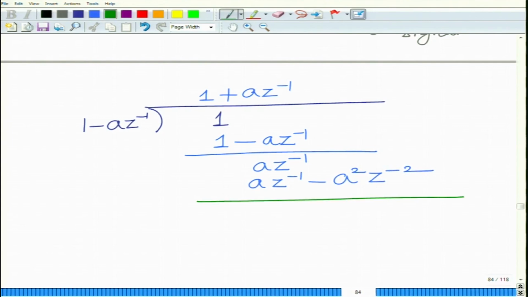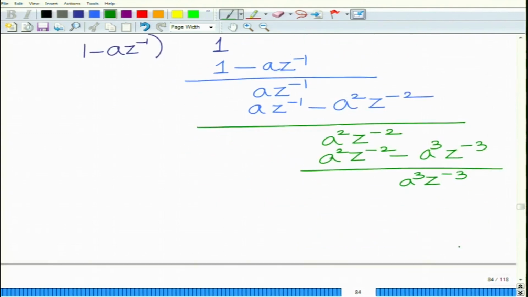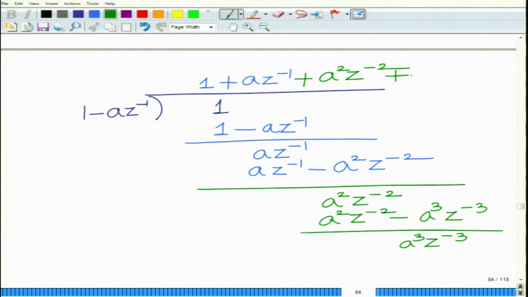Subtracting gives A square Z raised to minus 2. Multiplying by A square Z raised to minus 2 gives A square Z raised to minus 2 minus A cube Z raised to minus 3, and once you subtract, you have A cube Z raised to minus 3. Now you multiply by A cube Z raised to minus 3 and the procedure repeats.